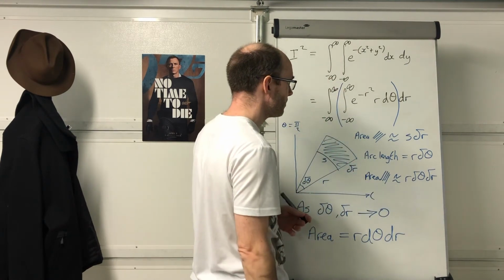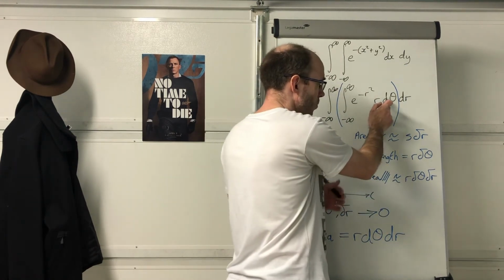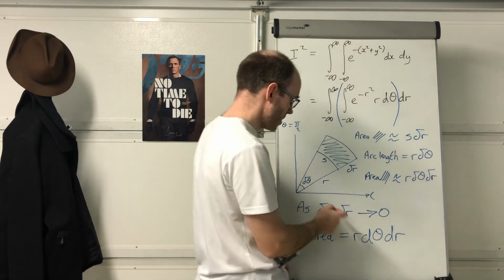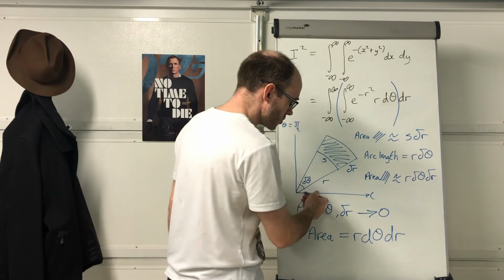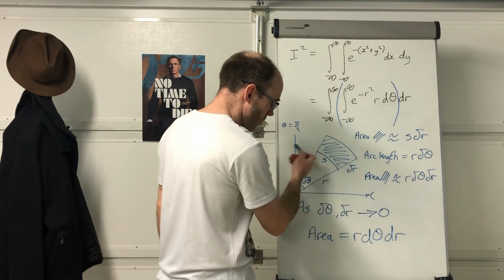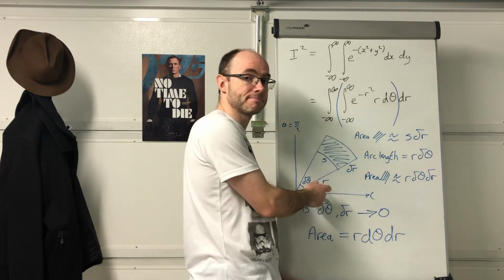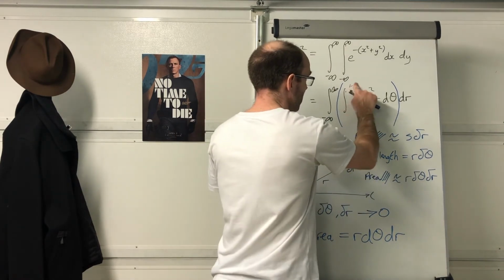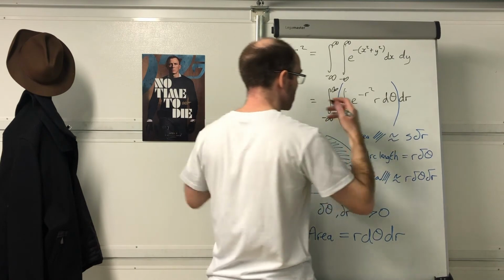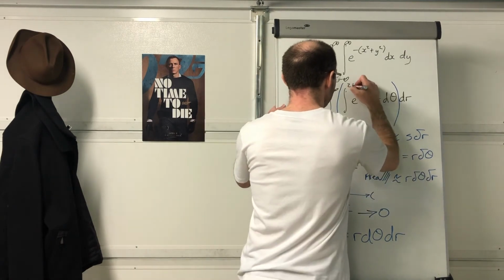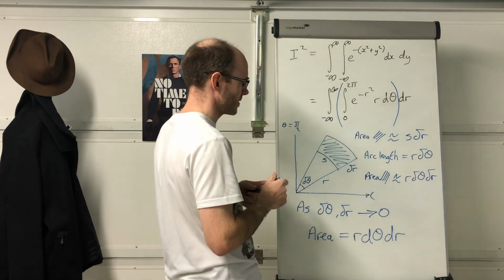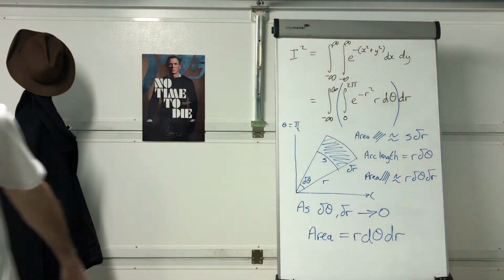Theta, however, when you integrate with respect to theta, that's not a length, that's an angle. In polar coordinates, that goes from theta 0 all the way round to 2 pi. So these limits need to change, between 0 and 2 pi. I'm hoping that makes a lot of sense. There's a lot of stuff going on there.